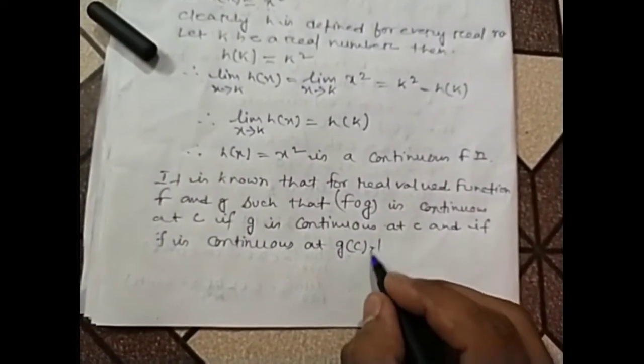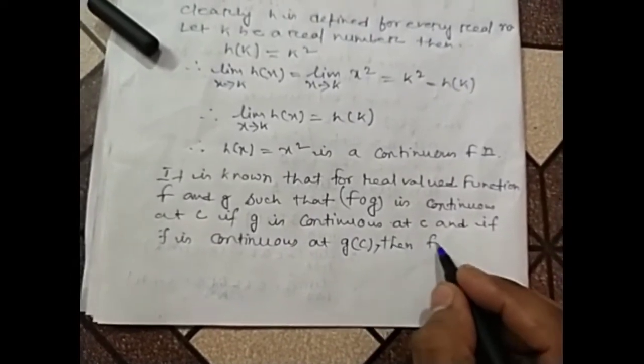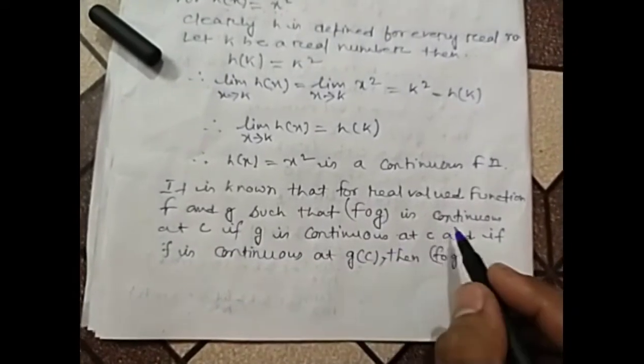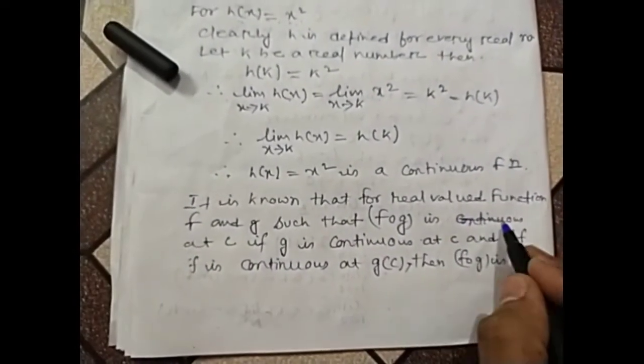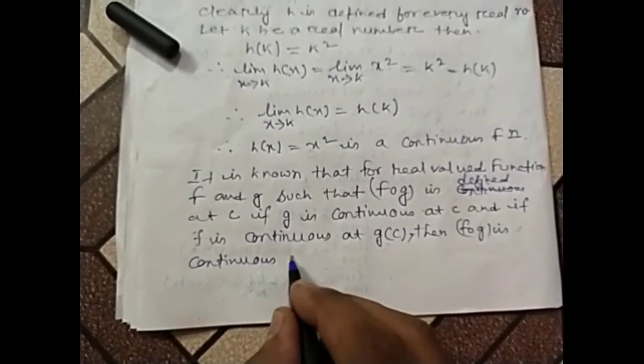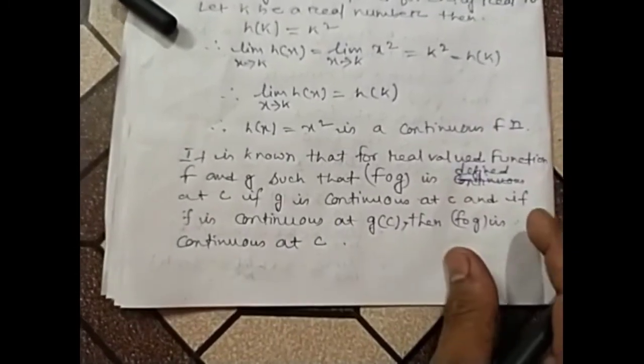Okay, then f o g is defined. This must be defined: f o g is defined at c. Then f o g is continuous at c.